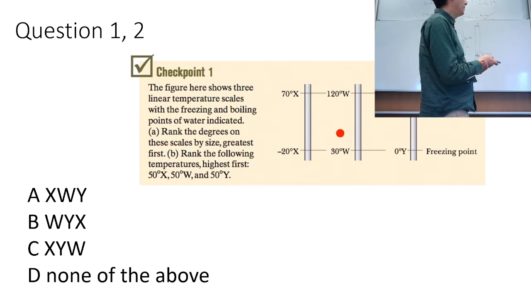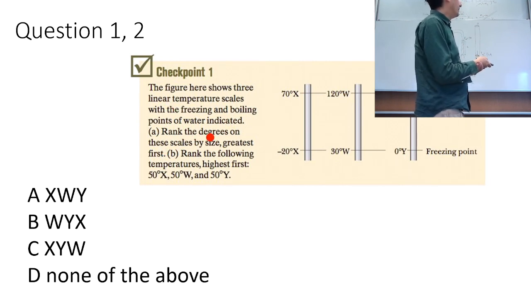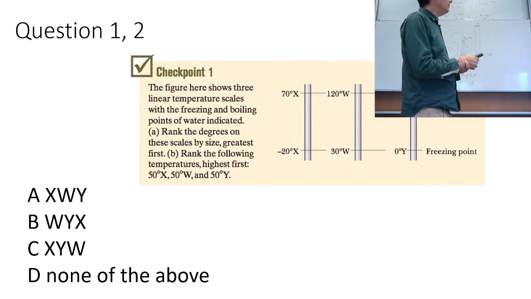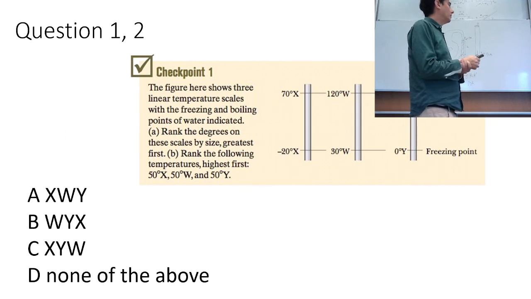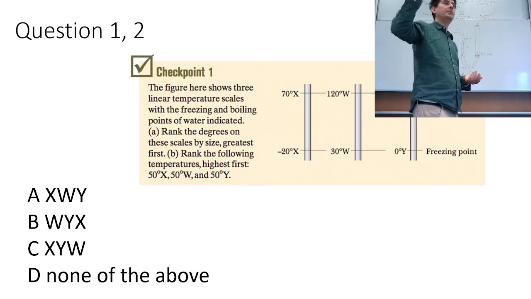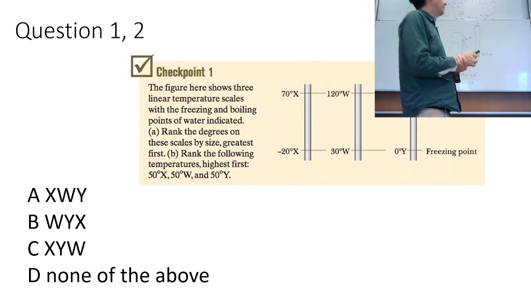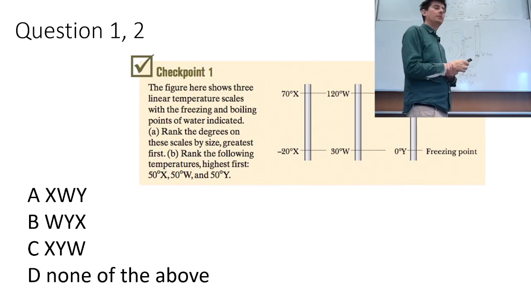Then 30 to 20, 0 to 90. Rank the degrees on these scales by size, greatest first. Which has the largest 1 degree? Which is the largest, and which is the smallest?